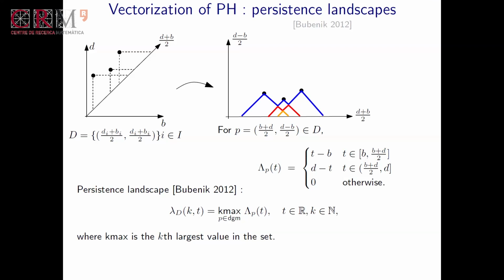Yeah. You cannot, in fact, the diagram in itself. There are many ways to vectorize a persistence diagram, but the way you are saying, that we just list the points, is not a way to vectorize because the dimension of the vector will depend on the number of points if you do that.